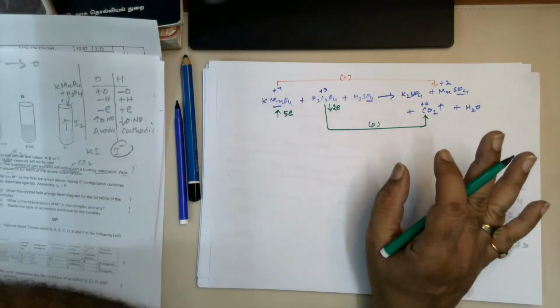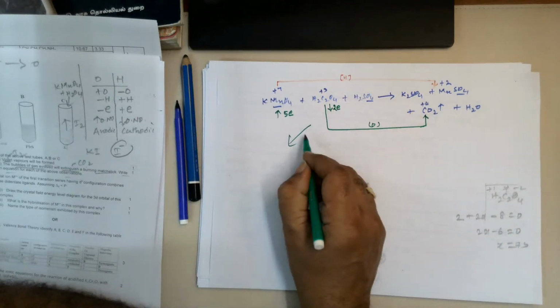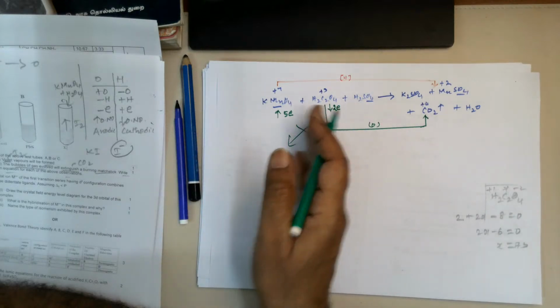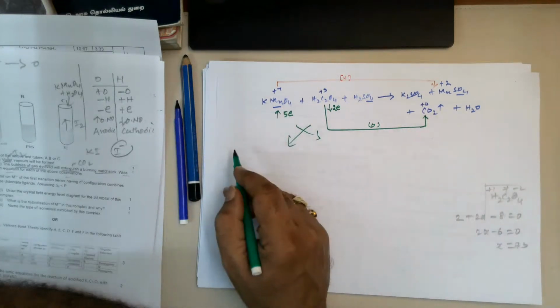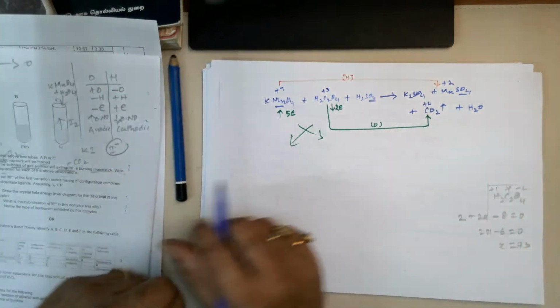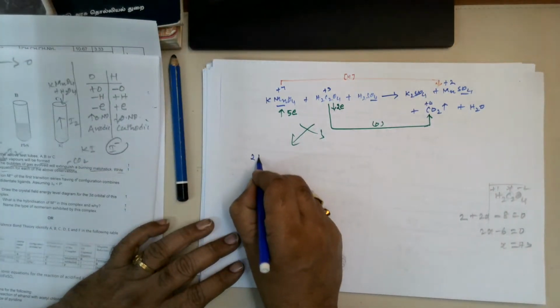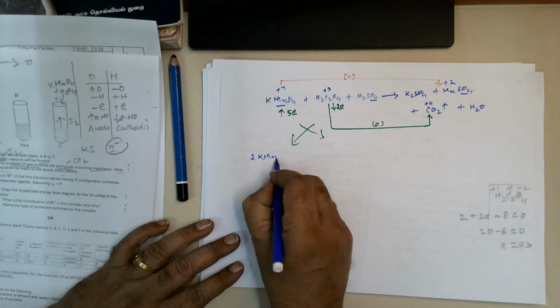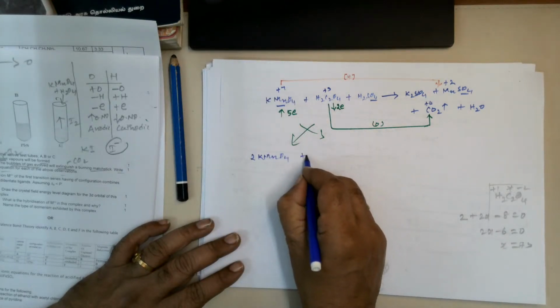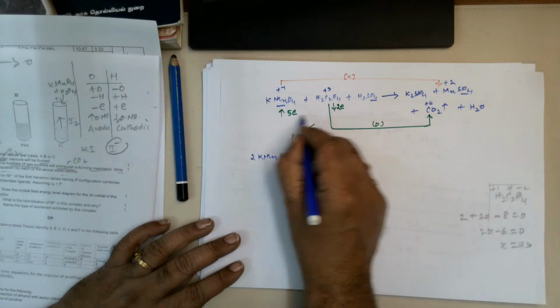Do you understand this? Now, what you are supposed to do? Crisscross. Okay, interchange the oxidation number as the coefficient of the respective molecules. So it becomes 2 KMnO4. I brought this 2 for KMnO4 plus, and what about this? 5.